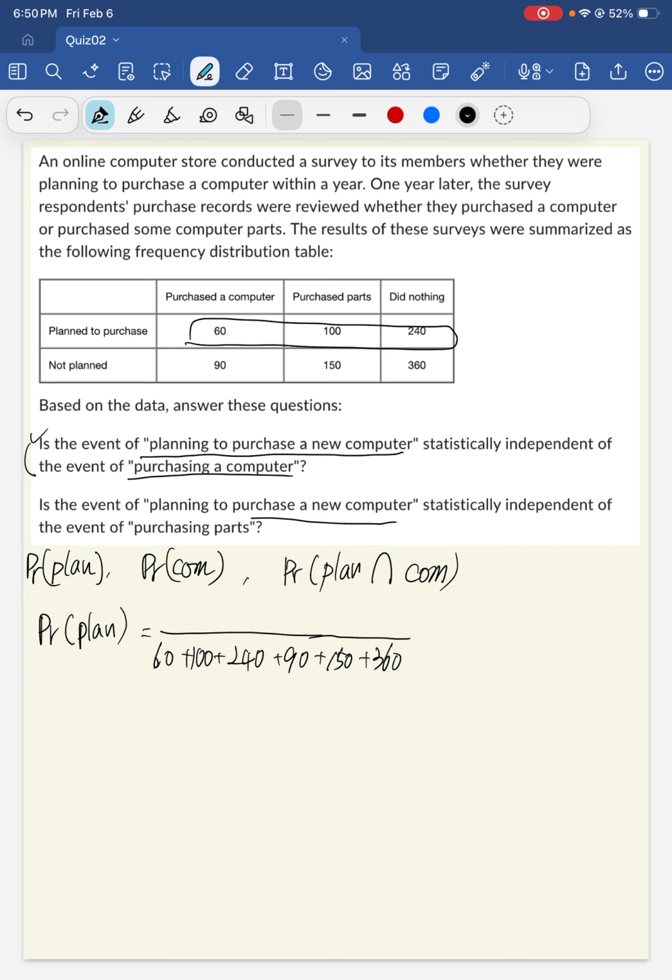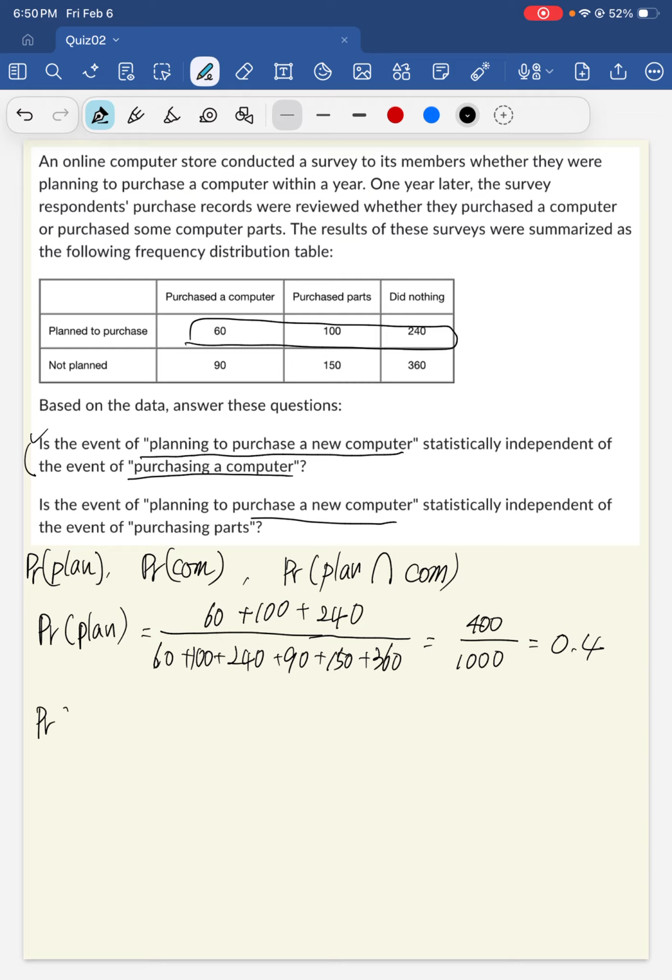This much, right? 60 plus 100 plus 240 planned to purchase a computer. That is, the denominator is 1000. I believe it should be 1000. And then out of them, 400 planned to purchase a computer. So that is 40%. Or, okay, let me write it as 0.4 for the algebra later.